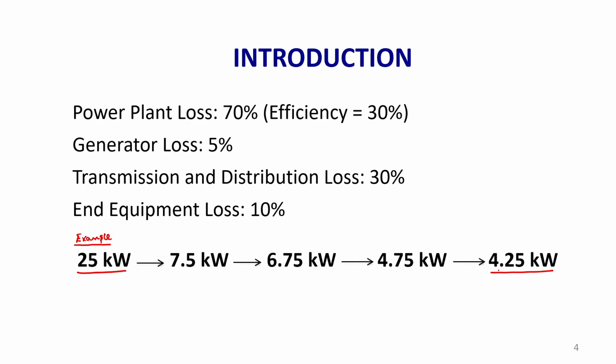If we incorporate all these values, the actual power output for an input of 25 kilowatt is 4.25 kilowatt. If you divide 4.25 by 25, it will come roughly 0.17 or 17%.